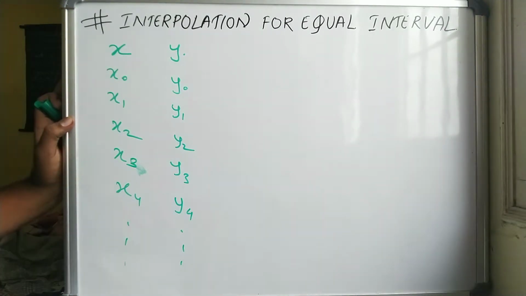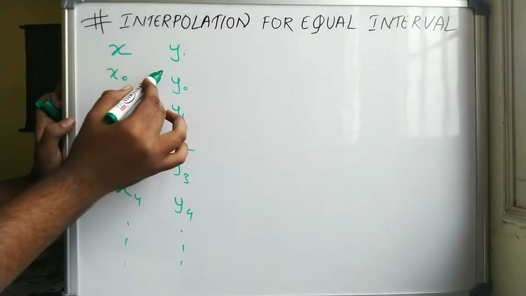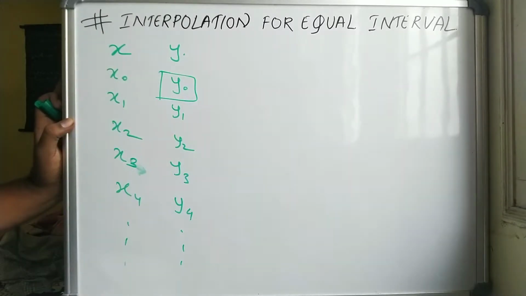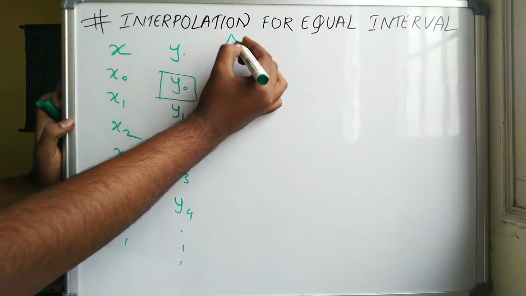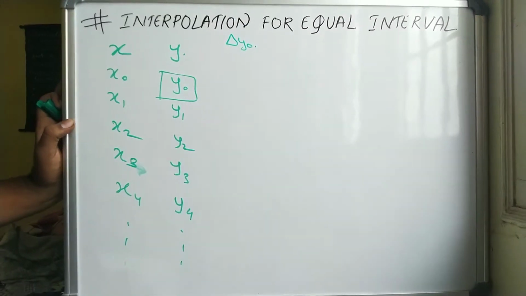So in the formula, we have seen y0. Fine. Now here, delta y0. What is delta y0?